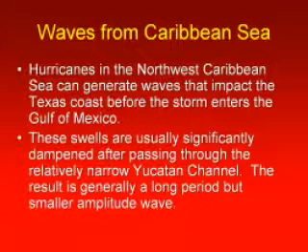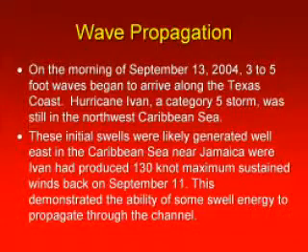Hurricanes in the northwest Caribbean Sea can generate waves that impact the Texas coast before the storm even enters the Gulf of Mexico. These swells are usually dampened after passing through the relatively narrow Yucatan Channel. On the morning of September 13th of 2004, 3 to 5 foot waves began to arrive along the Texas coast.